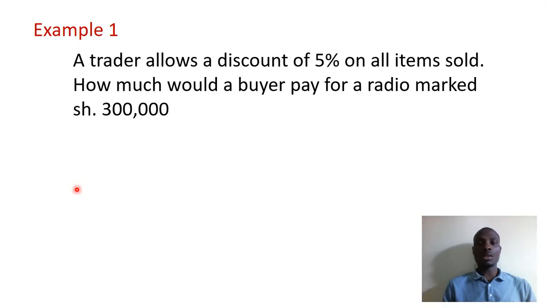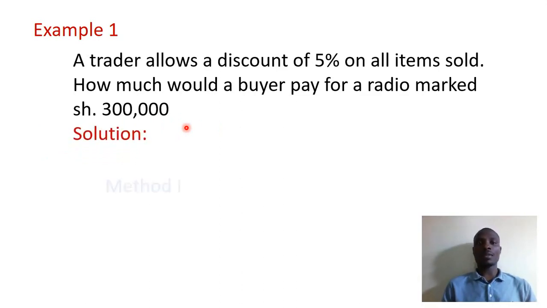When you look at this question, they've given you the discount and the marked price. The discount is 5% and the marked price is 300,000 shillings.